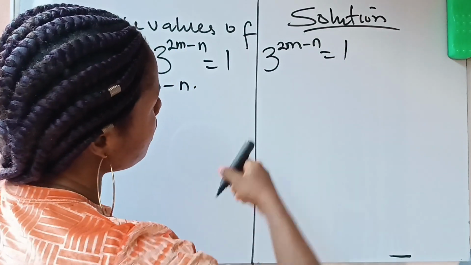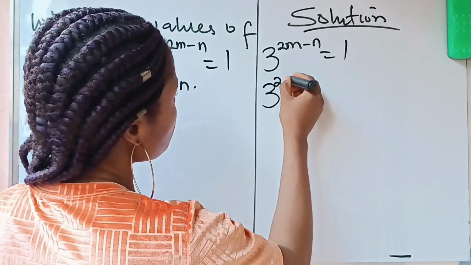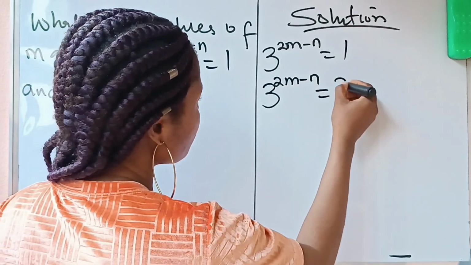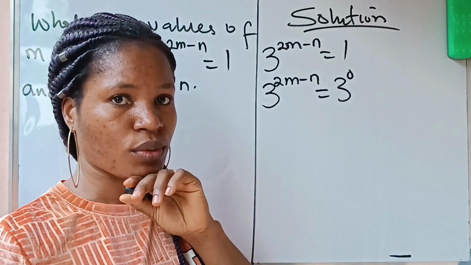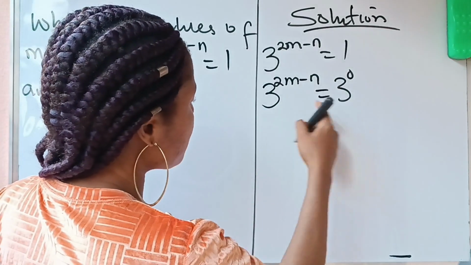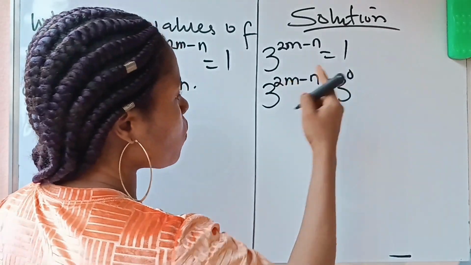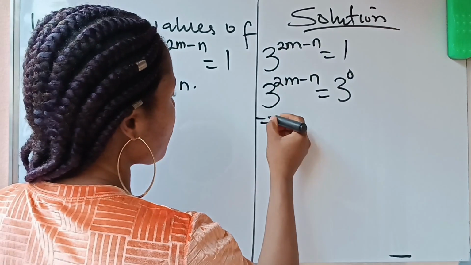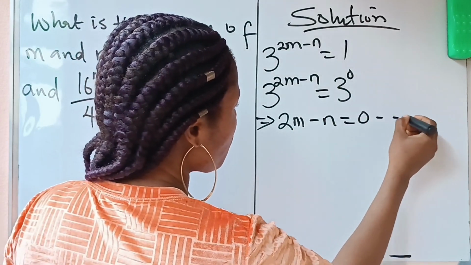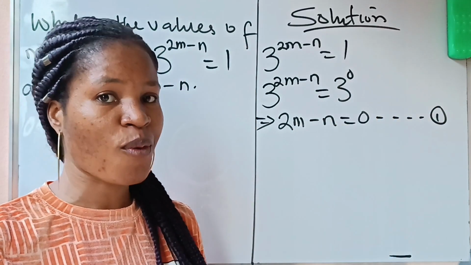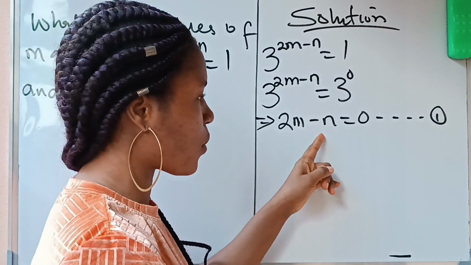So I can write 3 raised to the power of 2m minus n is equal to 3 raised to the power of 0, since 3 raised to the power of 0 is also equal to 1. Now, since they have the same base, I can equate their powers. So 2m minus n is equal to 0, and this becomes our equation 1.